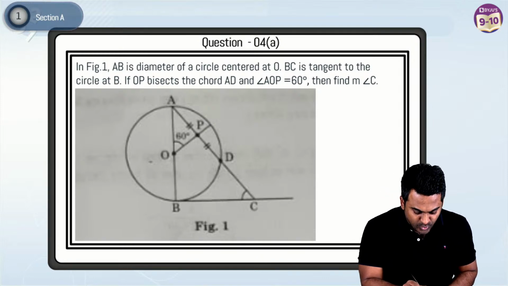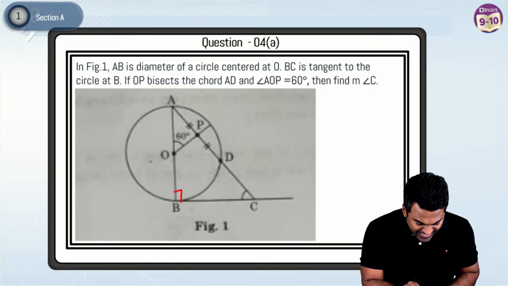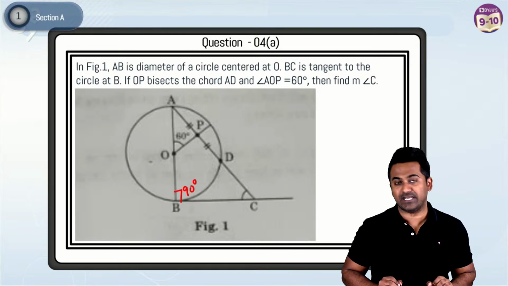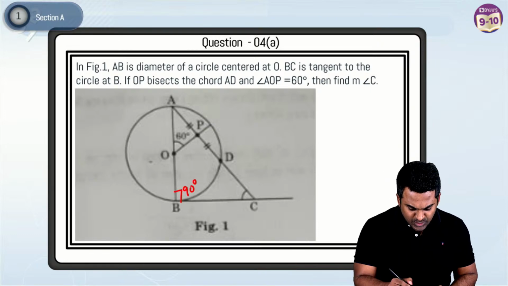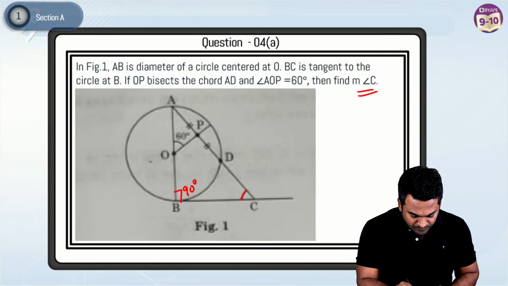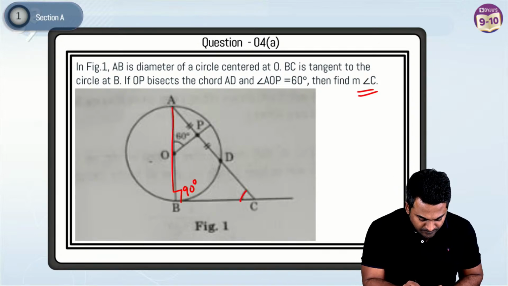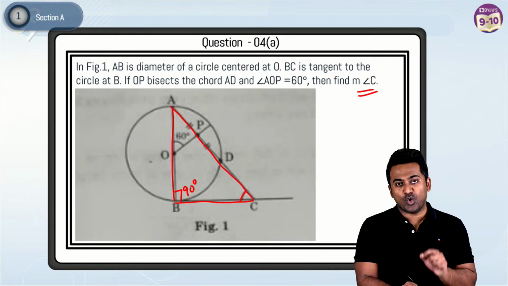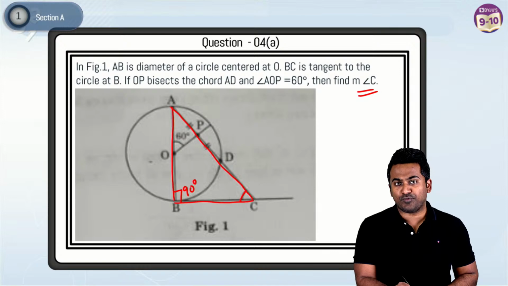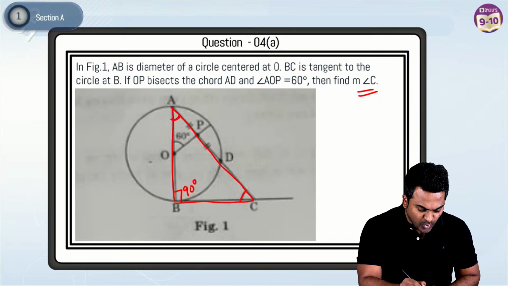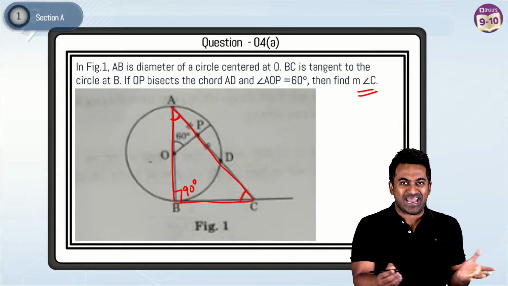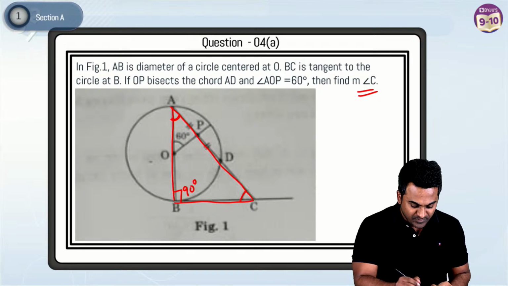BC is the tangent, OB is the radius, which means this angle here is going to be 90 degrees, right? And we've been asked to figure out this angle C. Now if you look at this triangle here, A, B, and C, I know one of the angles is 90. I want to figure out C, which means all I've got to do here is figure out angle A, and I'm done, right?